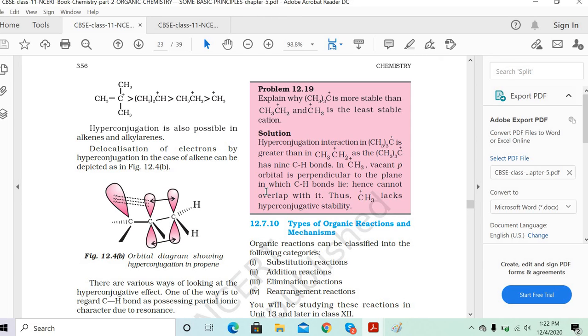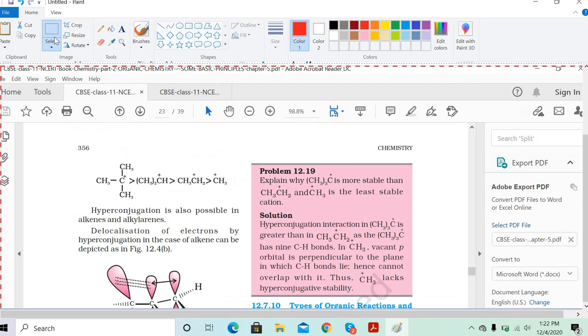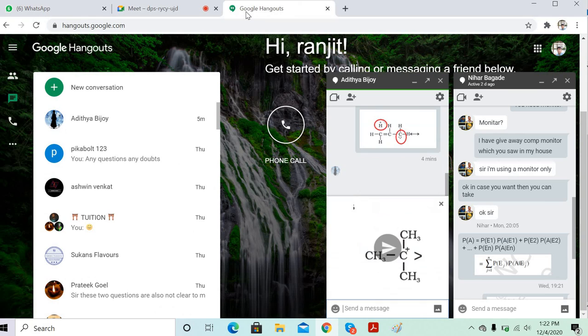Now, remember we discussed this. Let's see the figure of the tertiary one.